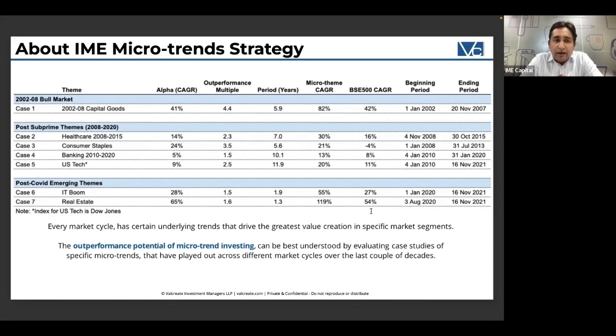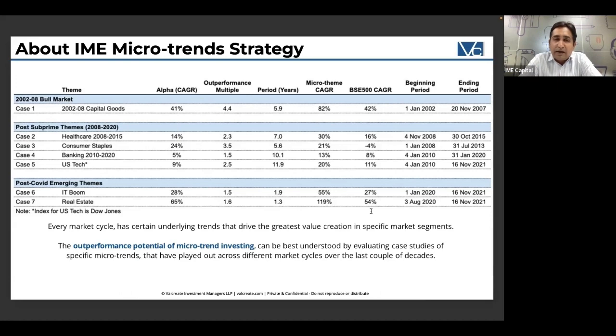We've taken case studies across 2 or 3 major periods of the market. For example, in the 2002 to 2008 bull market in India, overall the markets had done extremely well, and you saw a 42% CAGR in the BSE 500 over this period. However, what was really driving the economy and markets in this period was the capital goods theme.